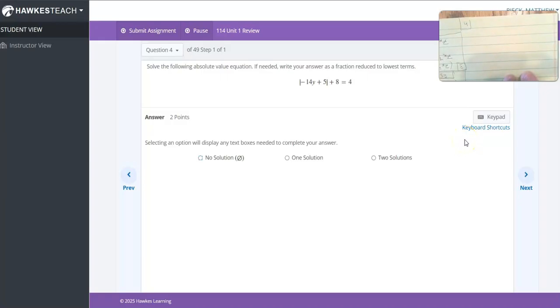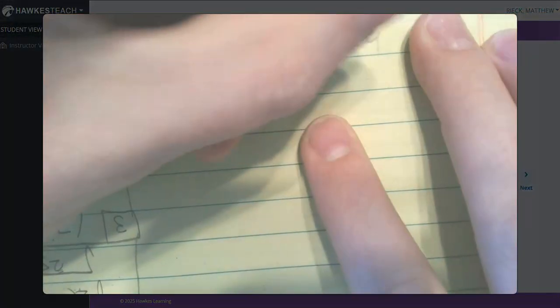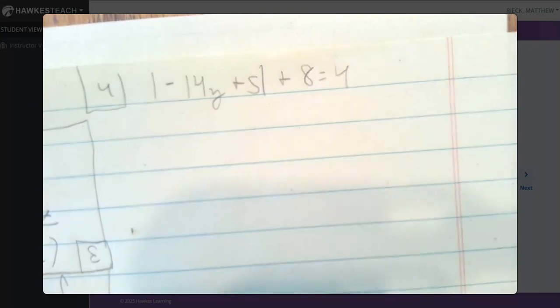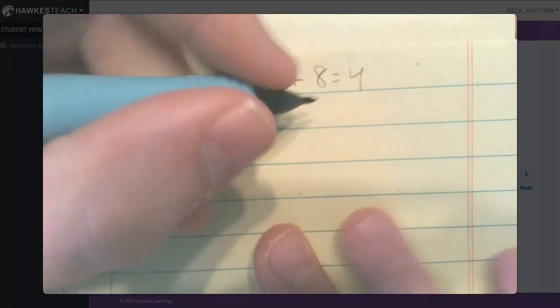All right, so the next one is looking at solving an absolute value equation. So here you have the absolute value of 14y plus 5, plus 8, equals 4. All right, so the first step in solving an absolute value equation is you want to get the absolute value all by itself.